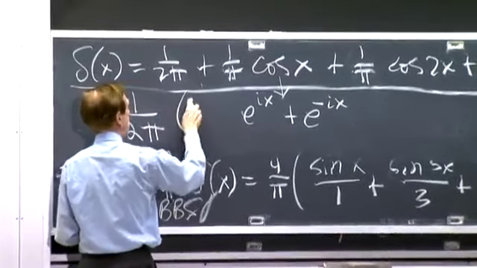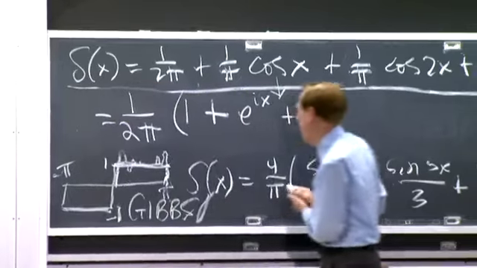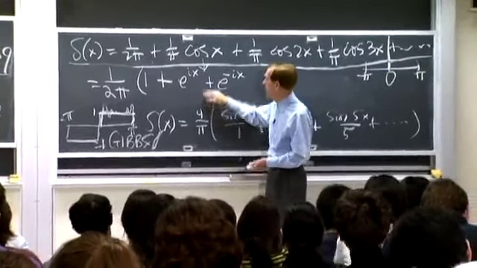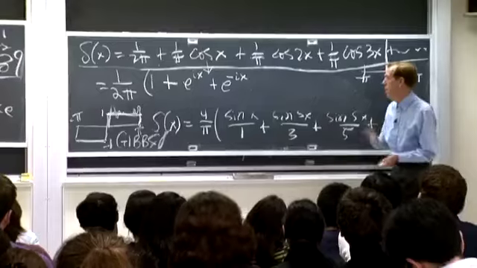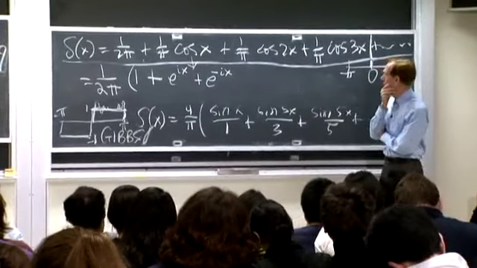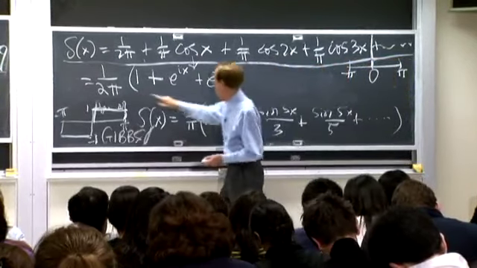So 1 over 2 pi times the 1, that's our first guy. And now I've got the next guy. Because I need to divide by the 2 to get the cosine, and there's my 2. Okay, what do I have next? From this guy, 1 over pi, still there.